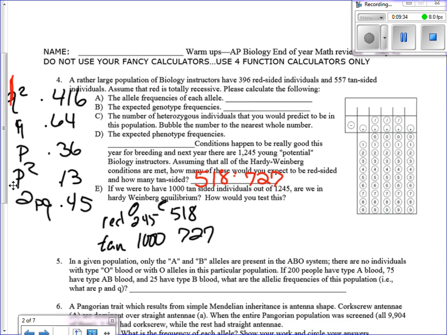I don't trust Joseph. Come on, guys. 273. What does that mean?